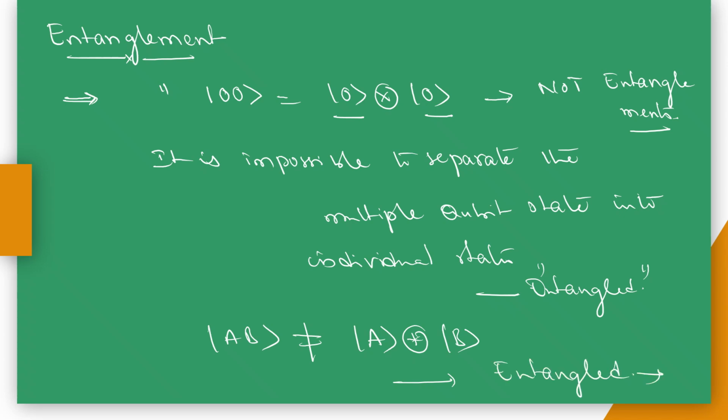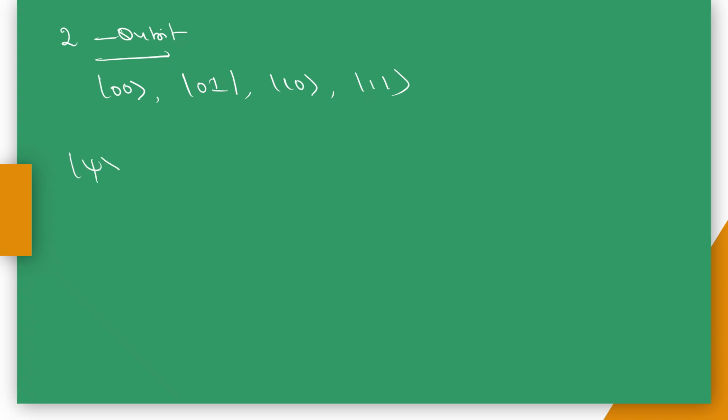I will explain with a certain example. Consider a 2 qubit system. We are having the state 00, state 01, state 10, state 11. We have 4 states, and I just take the superposition of two different states. The state is representing 1 by root 2, state 00 plus state 01.